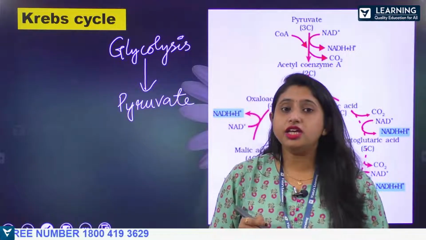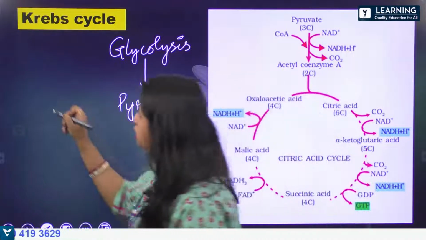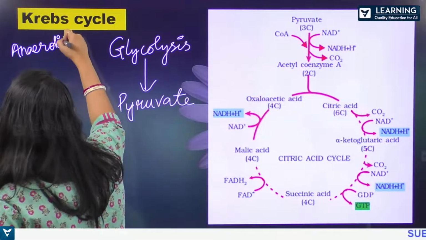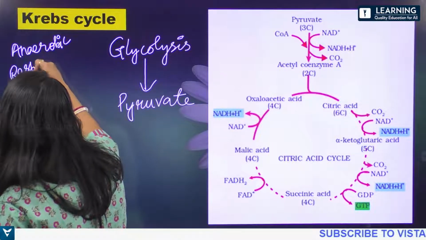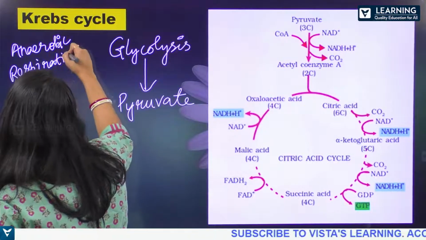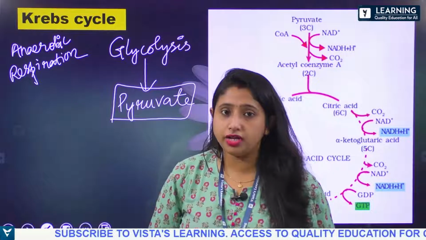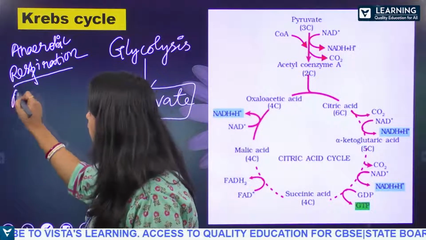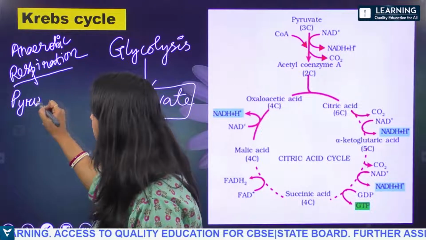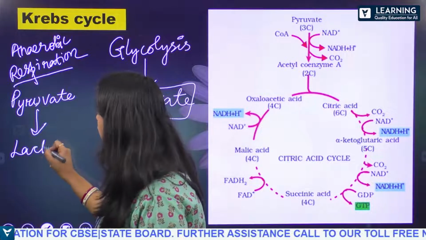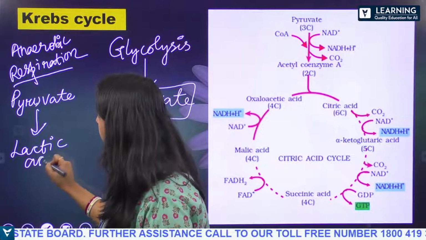Okay, so in anaerobic respiration, the pyruvate which is formed as the end product of glycolysis is further converted into lactic acid, right?